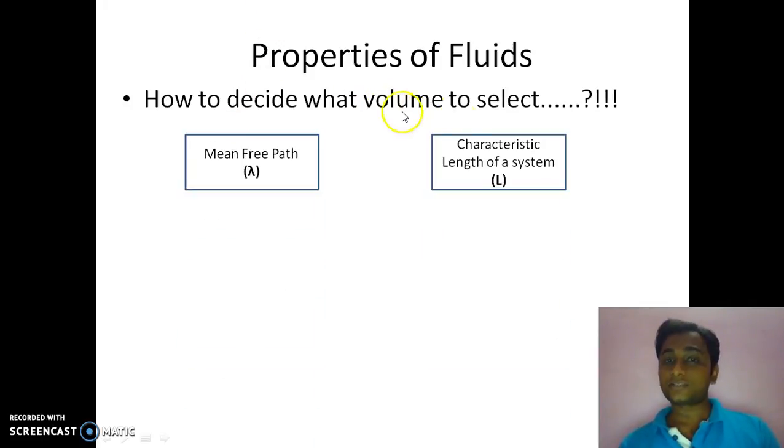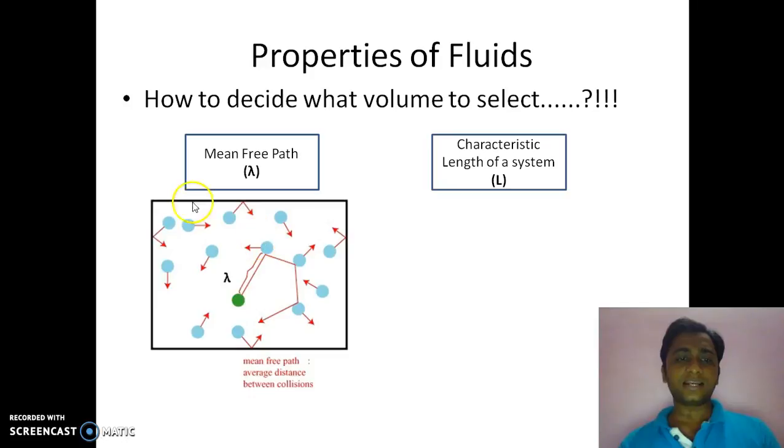And how do we decide this volume, what exactly the critical volume should be? It is decided on the basis of two relative parameters. First one is the mean free path, second one is the characteristic length of a system. Now what is a mean free path? Let us consider again a container with different molecules. If we consider this molecule, as it is in continuous random motion, it will move and traverse a certain distance, and it will collide with another molecule.